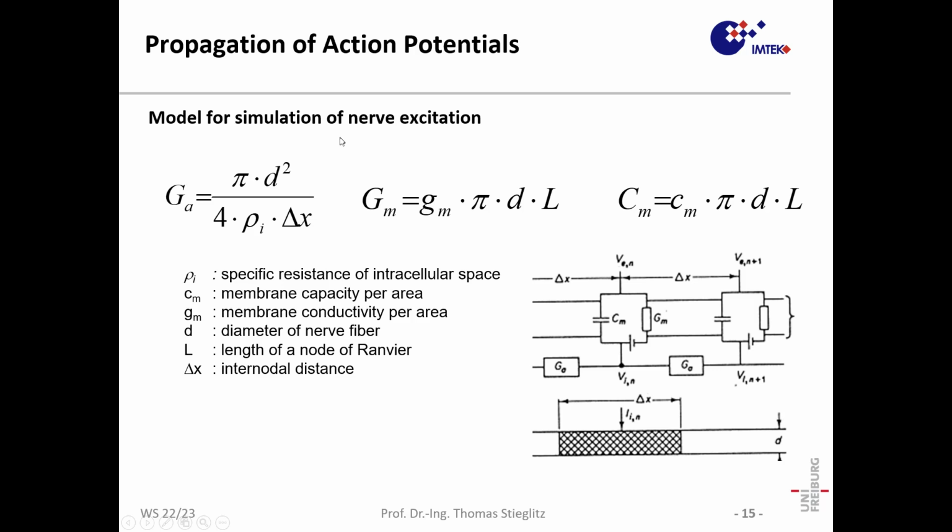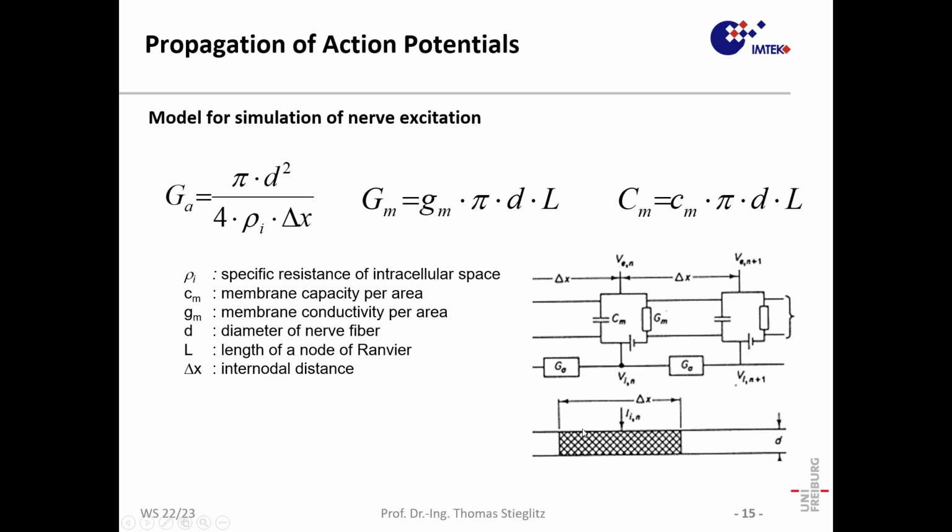You know that if you have once had your basic electrical engineering course: thicker conductors have a lower resistance than thinner conductors. That's the same here for nerves. And then we have GM and CM. The M stands here for membrane.